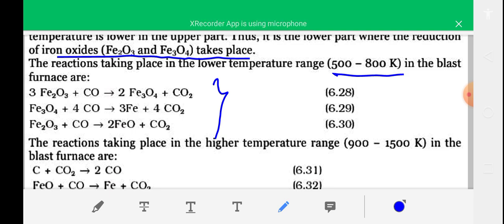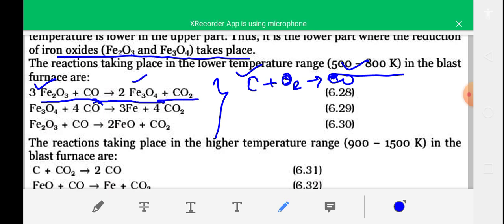The reactions are: Fe2O3 reacts with carbon monoxide. How is carbon monoxide formed? Carbon, coke, burns in air to form carbon monoxide. Both carbon and carbon monoxide act as reducing agents. Fe2O3, that is hematite, the calcinated iron oxide ore, is reduced by carbon monoxide to form Fe3O4 plus CO2.